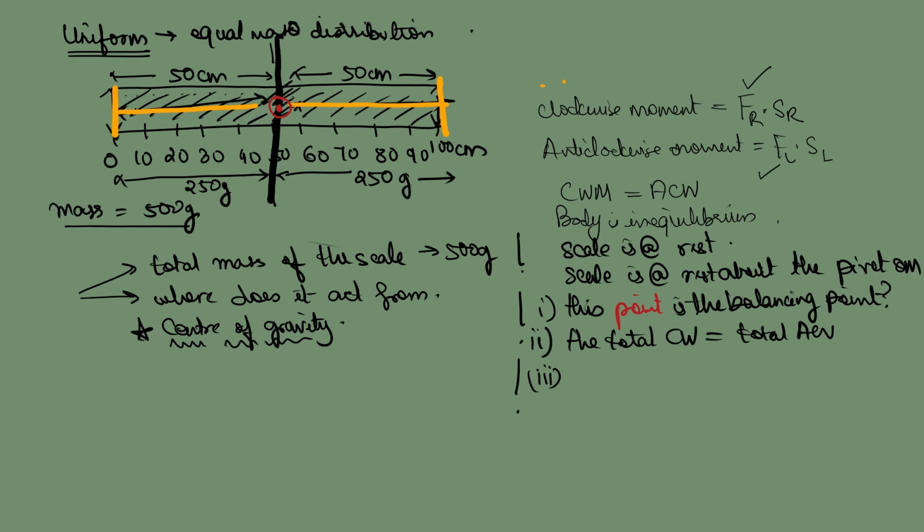It can be a regular object, it can be an irregular object, it can be a uniform object, it can be a non-uniform object. But center of gravity exists for all bodies of all shapes and sizes. Center of gravity is such a point of a body from which we consider all the masses to act from.